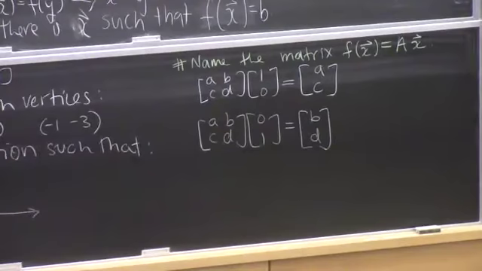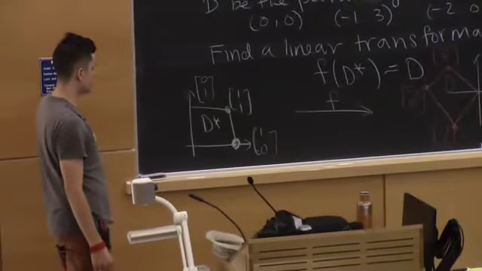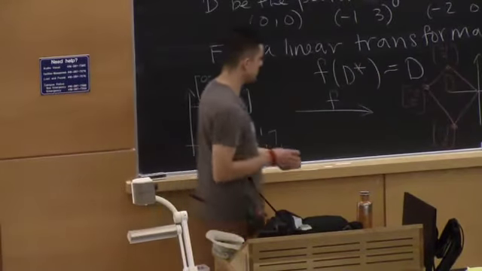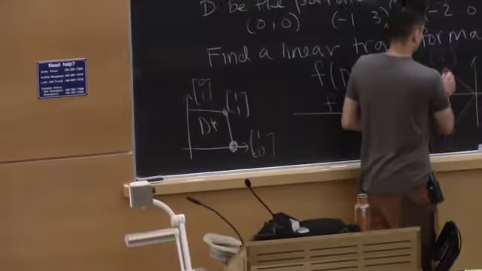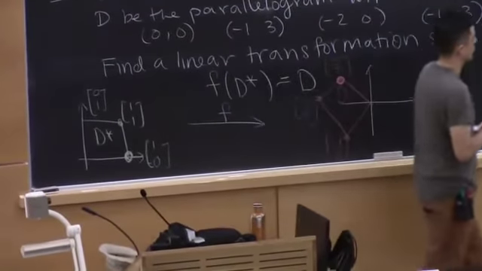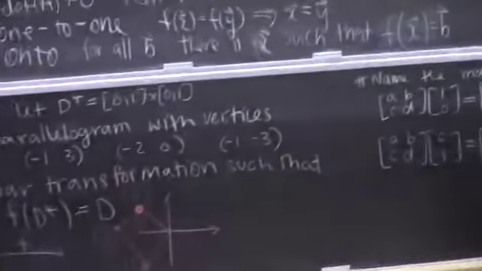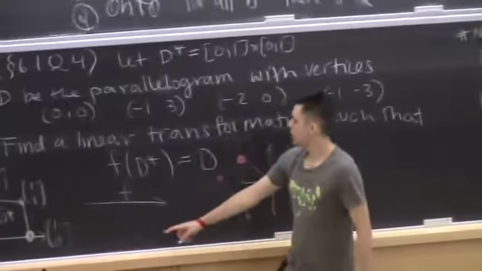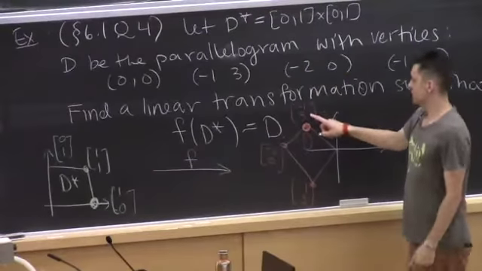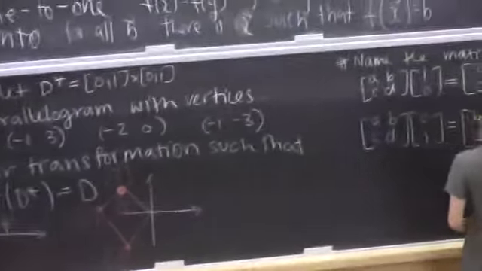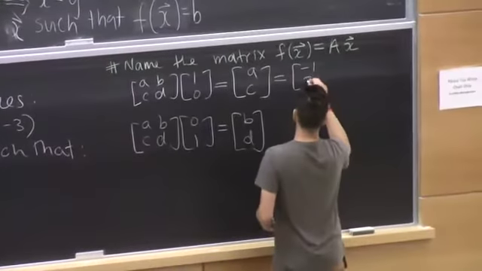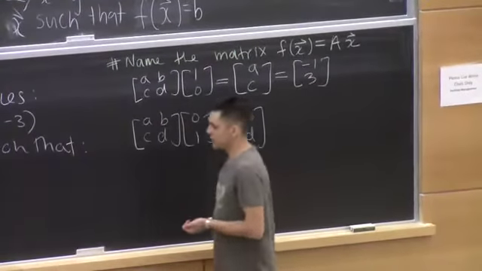Okay, so we want to send 1, 0 to say this guy. So we get that if 1, 0 is going to this guy, then we should have the following thing.